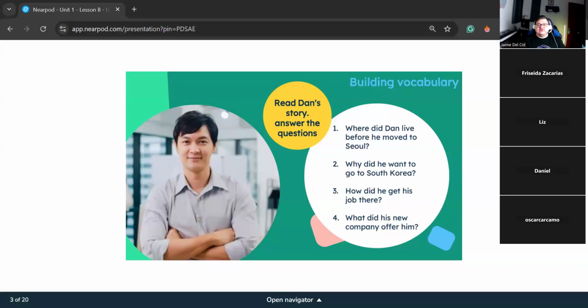So let's pay attention to the questions, and I'm going to ask some people to help me reading starting now. So everybody can participate and I can feel that more people, of course, are reading with me. So I'm going to ask maybe Liz, if you can help me reading the questions. These are the questions that we need to pay attention to, and this is the information that we need. So can you help me reading the questions only?